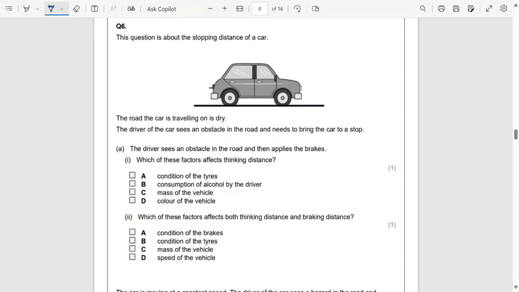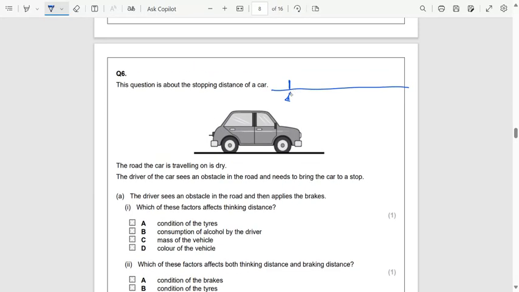So thinking distance is the distance covered whilst the driver is thinking about hitting the brakes. Okay? So let's say the driver sees an obstacle here. They see the obstacle here. The obstacle is over here.